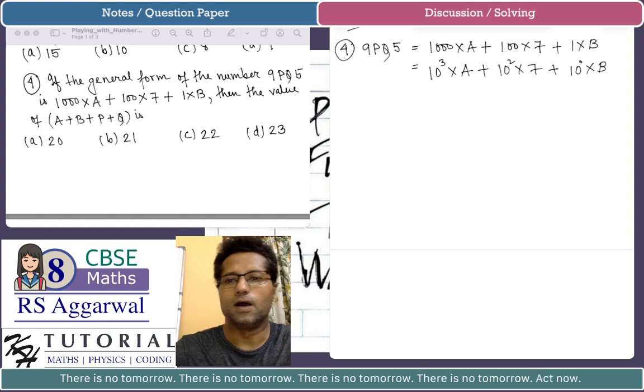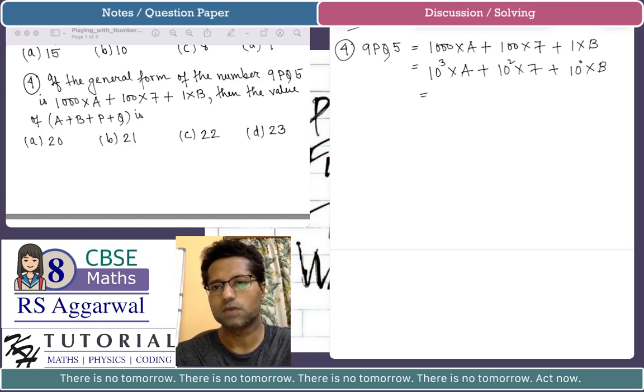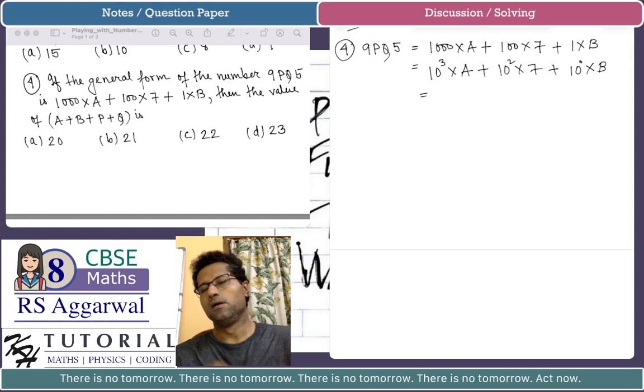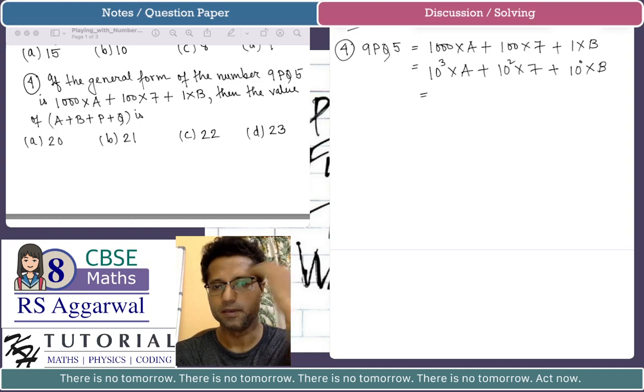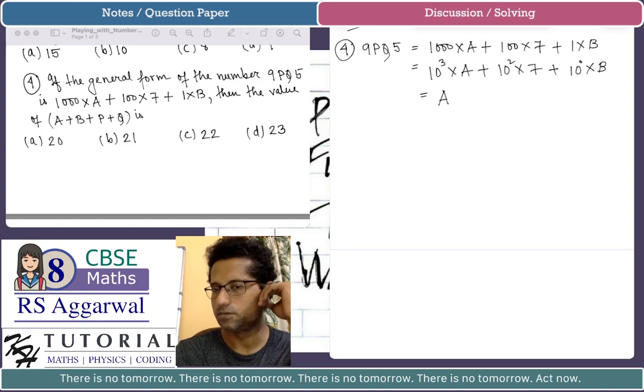So ideally, from the general form, we can say that the 4-digit number should be such that the fourth digit from the right hand side should be A, because it is having a power of 3 of 10. So A will be the leftmost digit, and then we have 10 square. The digit 7 is having a factor of 10 square, so its position in the number will be third from the right hand side.